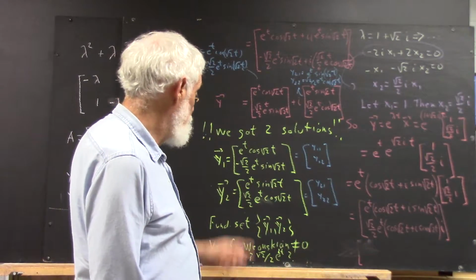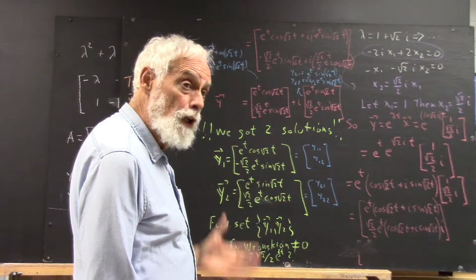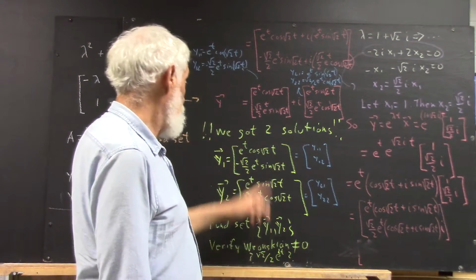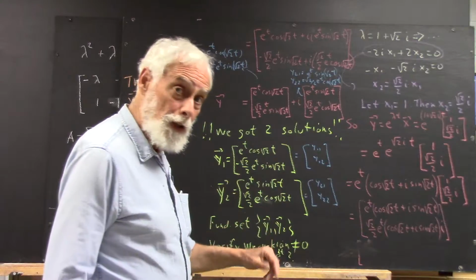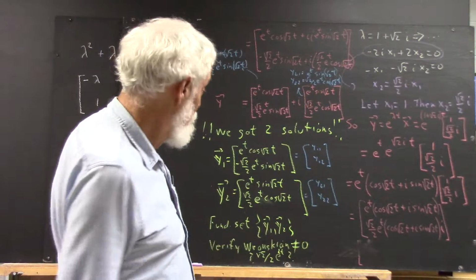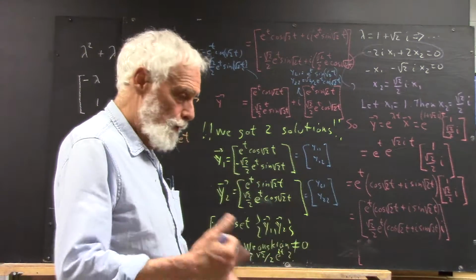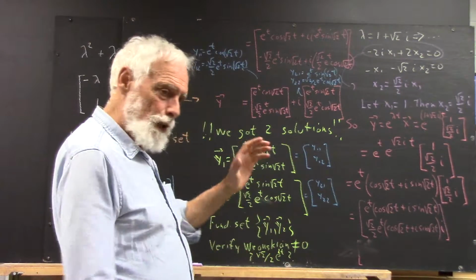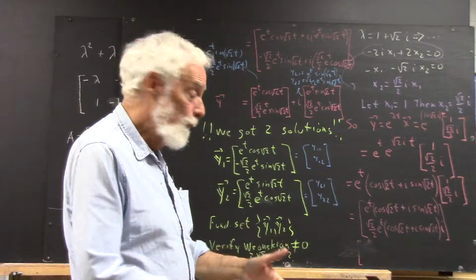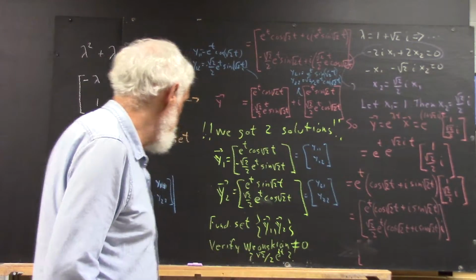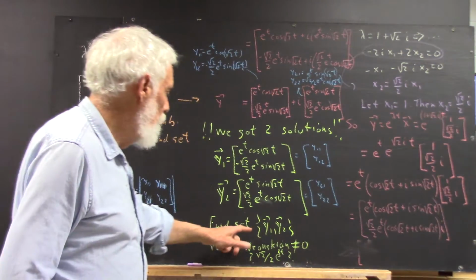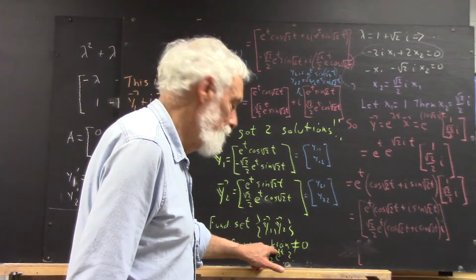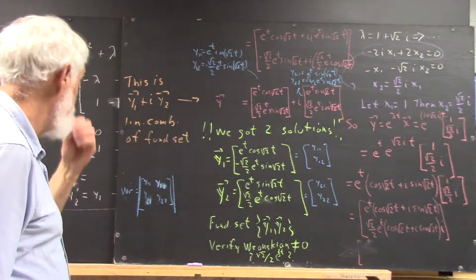So you're going to have a square root of 2 over 2 e to the 2t on both diagonals, and one's going to have a cosine squared, the other's going to have a sine squared of the same argument, and that's going to just factor out the square root of 2 over 2 e to the 2t. You have sine squared plus cosine squared, same argument, you have 1, and you get this. So you can easily verify that the Wronskian is this. Not what I originally wrote. You have to have an e to the 2t there.